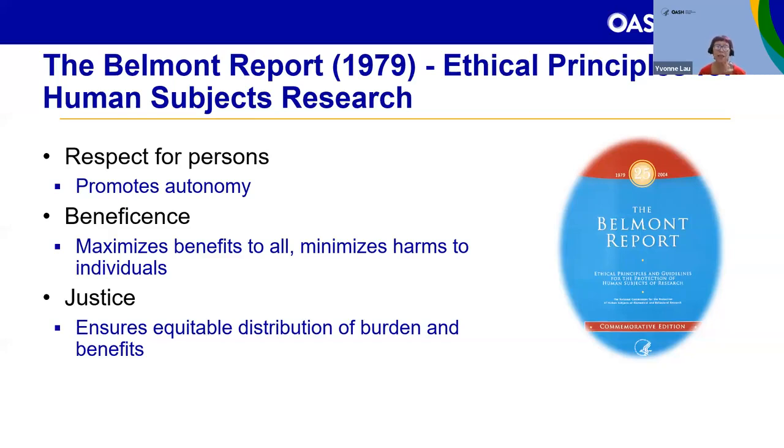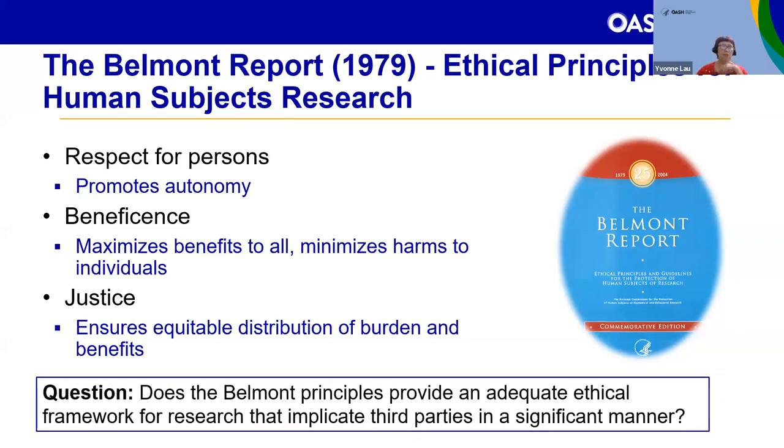These are the three fundamental ethical principles commonly relied upon when we do human subjects research. There are other important principles that researchers ought to think about, concerning scientific validity, and so on. I just want to lay that out there for you.